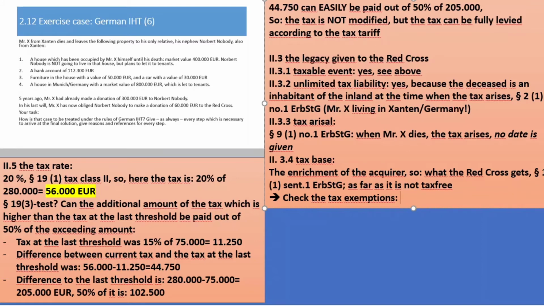So there might be a tax exemption for transferring money by a legacy to the Red Cross. So let's look through paragraph 13 and what follows.